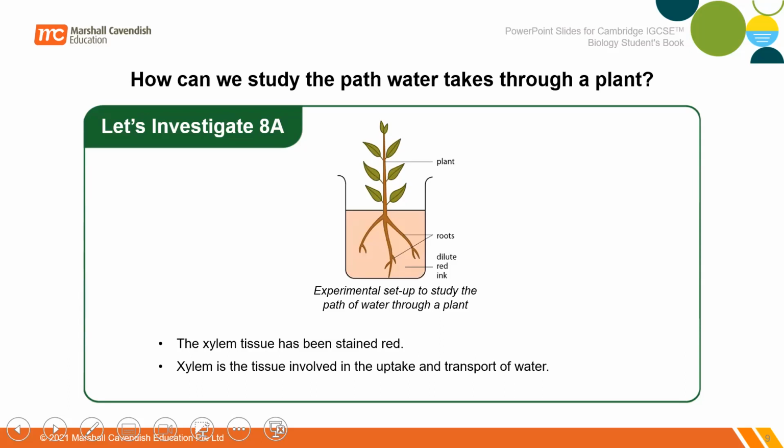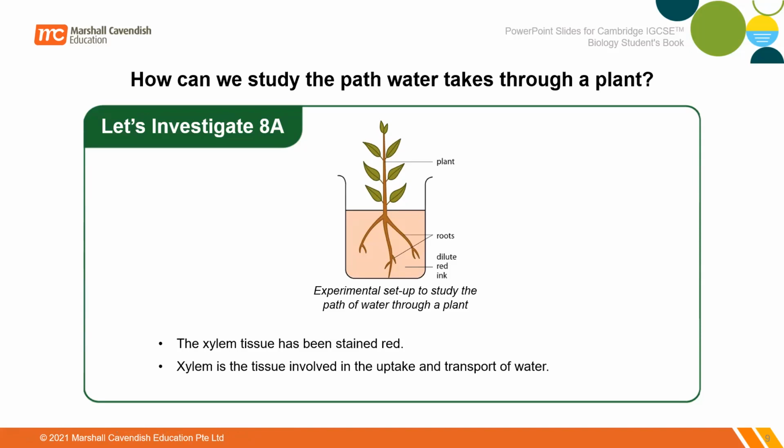How can we study the path water takes through a plant? We can carry out an experiment by preparing or designing this setup to study the path of water through a plant.